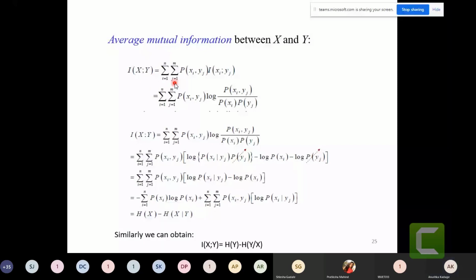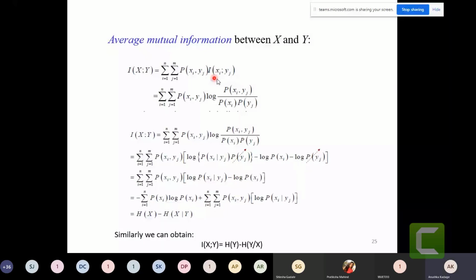Here, the probability, which is the joint probability for both of the events, has to exist. With that, the multiplication of the mutual information associated with xi and yj has to be taken. But now we are interested in average mutual information, and that's why we multiply the mutual information with the joint probability of those events.